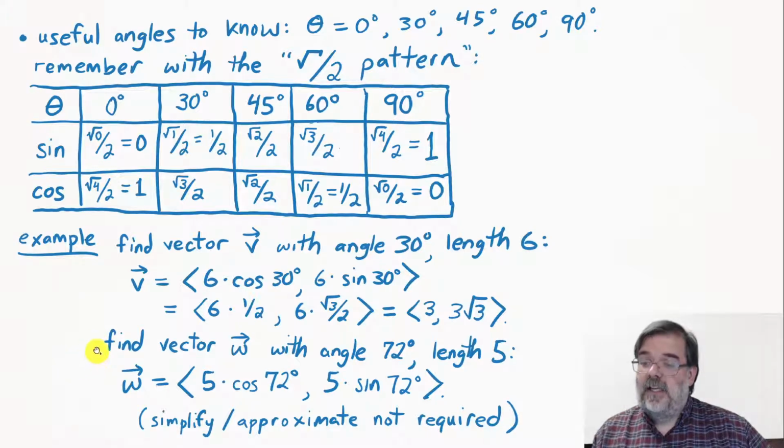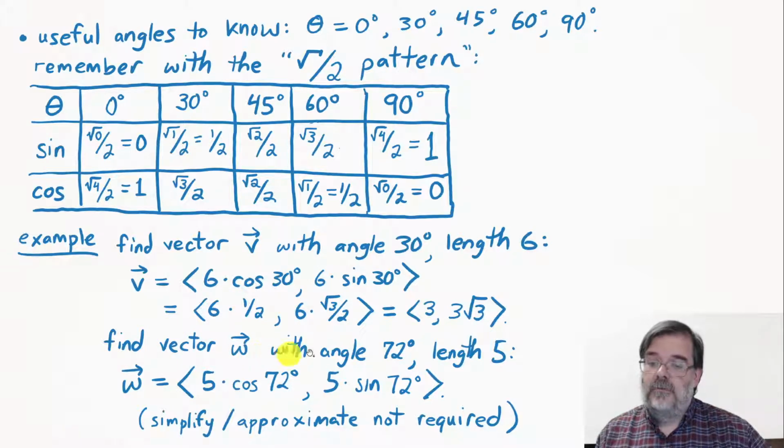Similarly, let's say you want to do something a little bit trickier that's not in this table. Let's say you're asked to find a vector w that forms an angle of 72 degrees and has length 5. Well, you go through the same process. So the vector w is 5 times cosine of 72 degrees, comma, 5 times sine of 72 degrees.